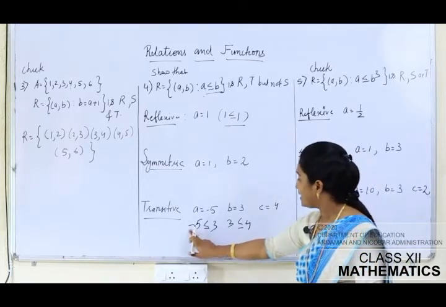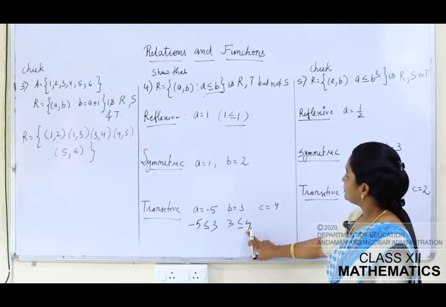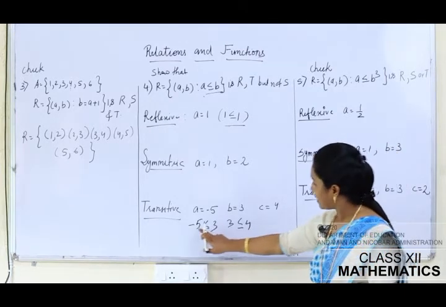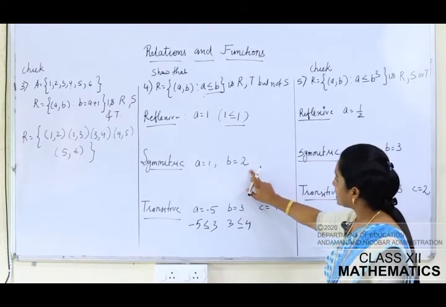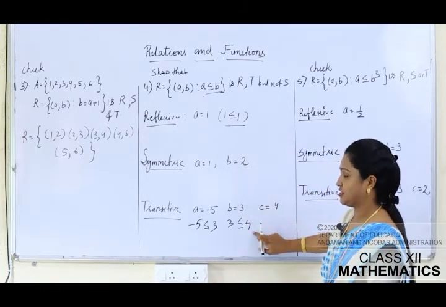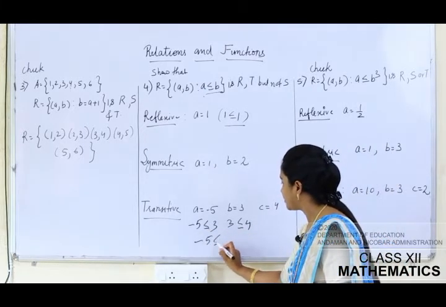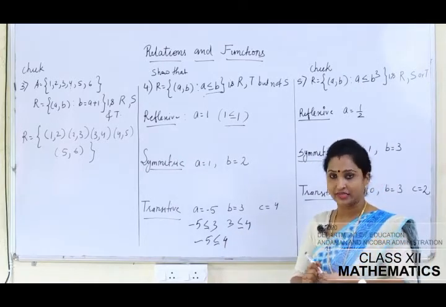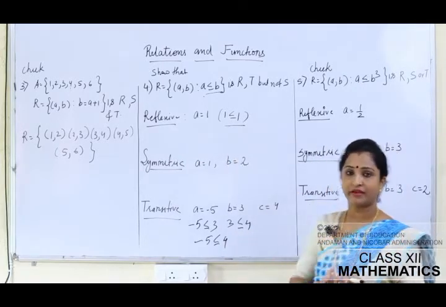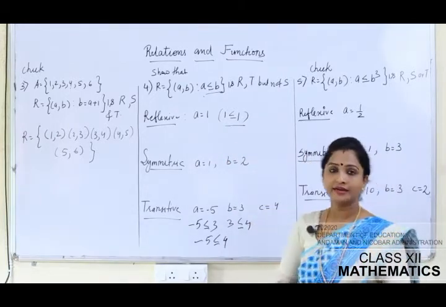Whether -5 is less than equal to 4? तो यहाँ पे -5 less than equal to 4 है. तो यहाँ पे सिमेट्रिक नहीं है, रिफ्लेक्सिव भी है और ट्रांजिटिव भी है. तो इस इनइक्वालिटी से बता सकते हो कि -5 is less than equal to 4. So here also the relation R is transitive. So in this question R is reflexive but not symmetric and it is transitive.